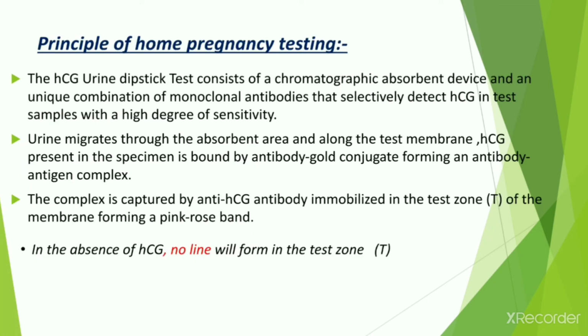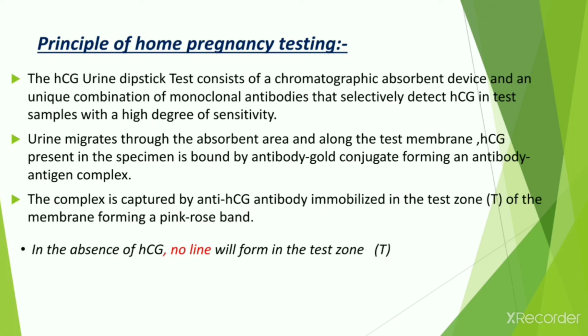The principle of a home pregnancy testing kit is based on a chromatographic absorbent device and a unique combination of monoclonal antibodies that selectively detects HCG in the test sample with a high degree of sensitivity. The urine migrates throughout the absorbent area and along the test membrane.